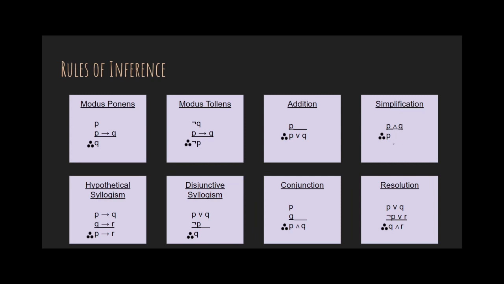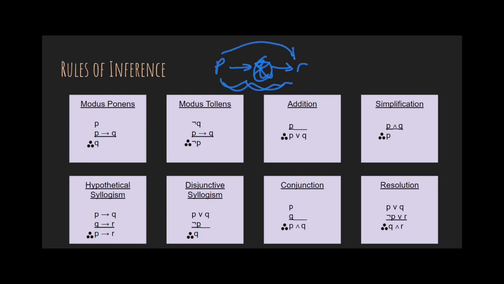Hypothetical syllogism. P implies Q, Q implies R, therefore P implies R. This is exactly the transitive property. So P, Q to R, instead of going one after the other, since they all have to just be true, we don't need to look at the middleman.